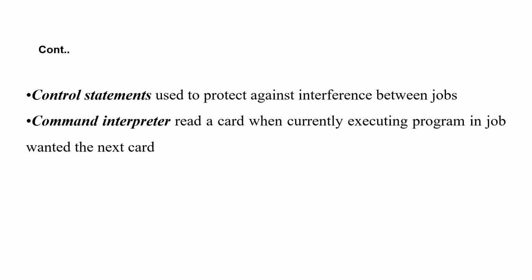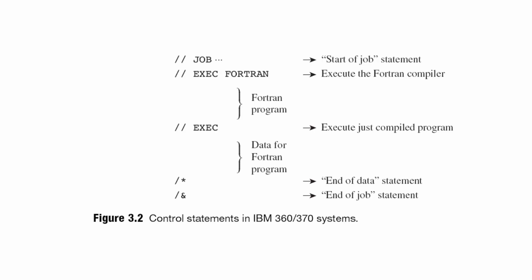The control statements are, for example, this is the example of a Java program. The /job indicates the start of the job statement. So at the start of the job, it must have /job, and then the execution of 14 instructions.